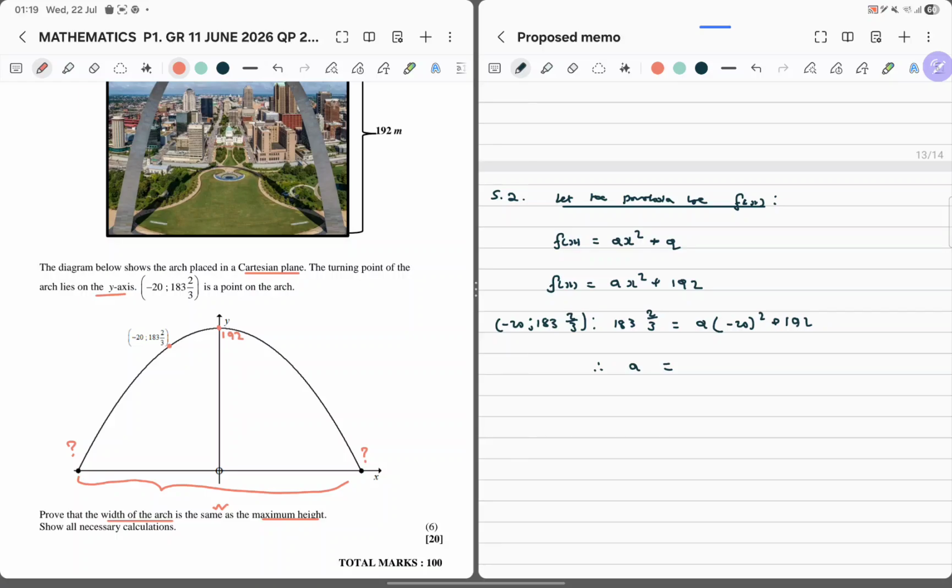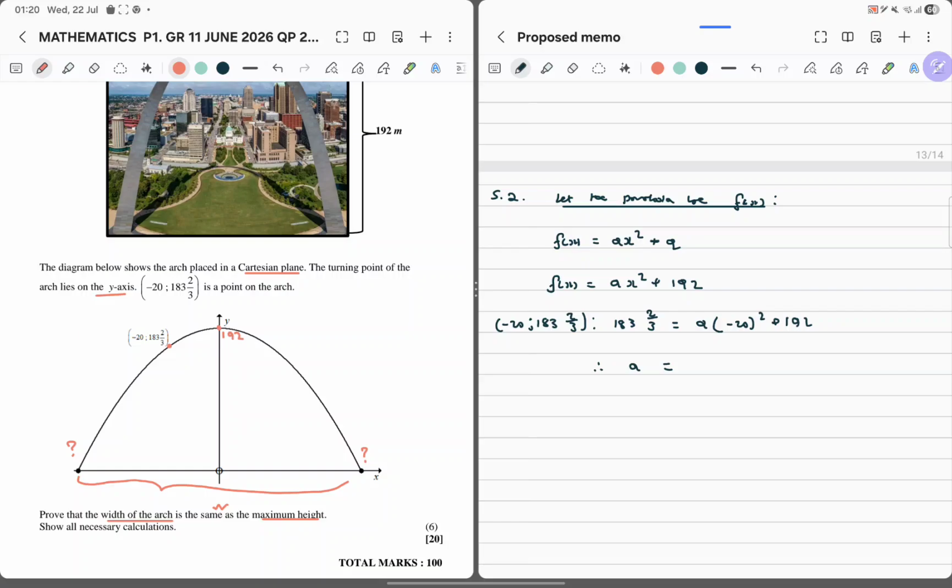Then with 551 over 3 we subtract 192. 3 times 183 is 549 plus 2, 551 divided by 3.